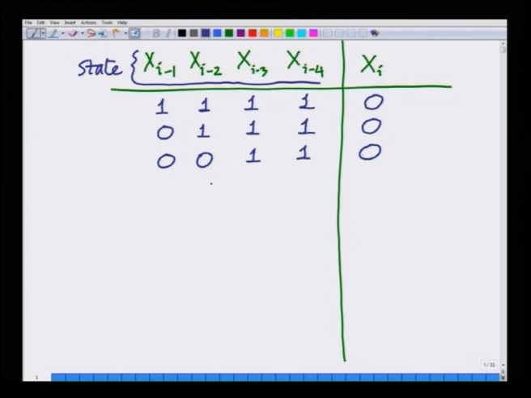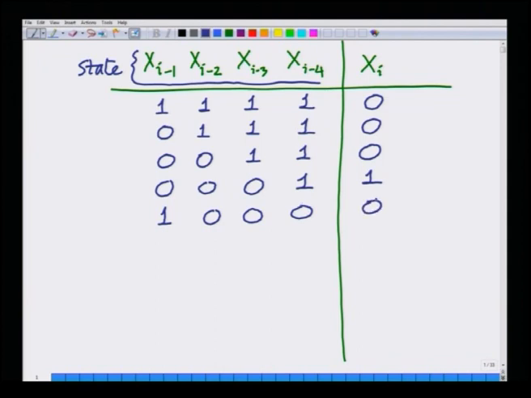Alright. So, continuing in this fashion, let me fill out the rest of the entries. The next state is 0, 0, 0, 1 and xi is now 1 XOR 0, so xi is 1. The next state is 1, 0, 0, 0 and xi is 0.